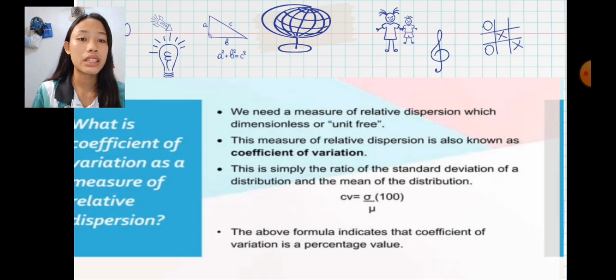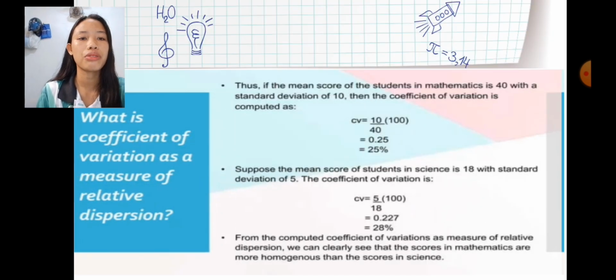So CV, the coefficient of variation, is equal to the standard deviation of the data, which measures how much the data values vary around the mean, over the mean or the average of the data representing the central tendency of the data set, multiplied by 100. It is used to express the coefficient of variation as a percentage. So the above formula indicates that the coefficient of variation is a percentage value.